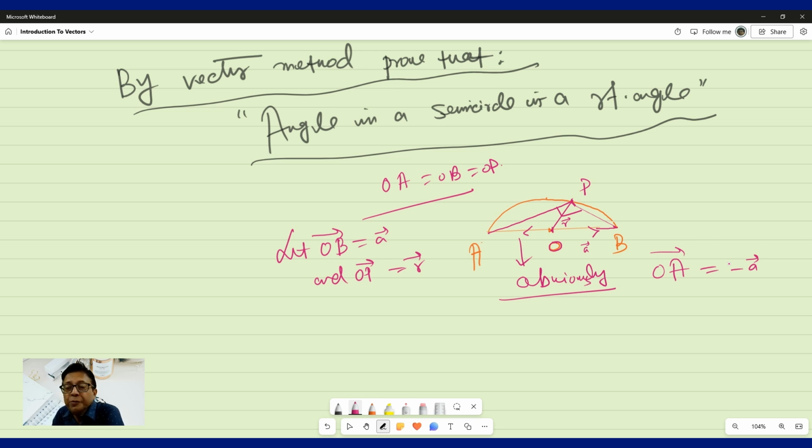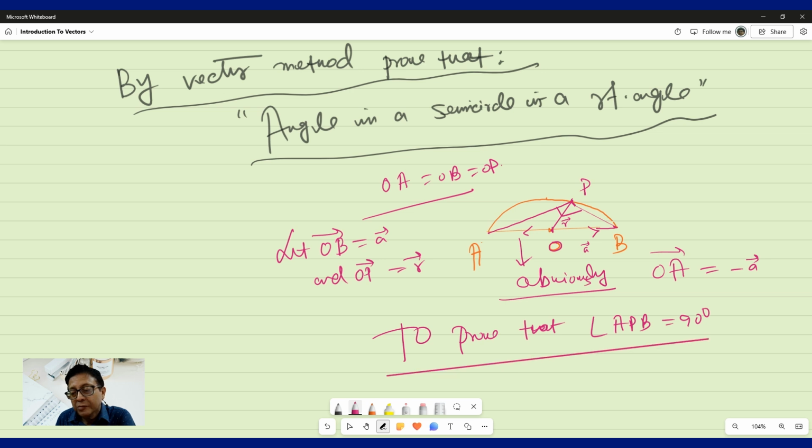What are you going to prove? Angle APB is 90 degrees. So to prove that, we simply prove that the dot product between PA and PB equals 0.